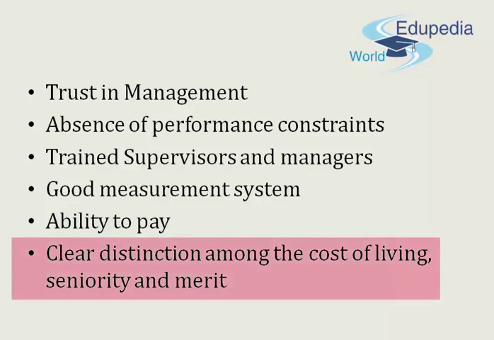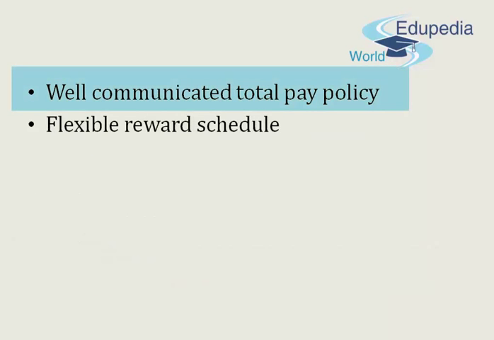Next is a clear distinction among cost of living, seniority and merit, which means that in the absence of strong evidence to the contrary, employees will naturally assume a pay increase is a cost of living or seniority increase. Then, a well communicated total pay policy. Employees must have a very clear understanding of how merit fits into the total pay picture. Last one is a flexible reward schedule.